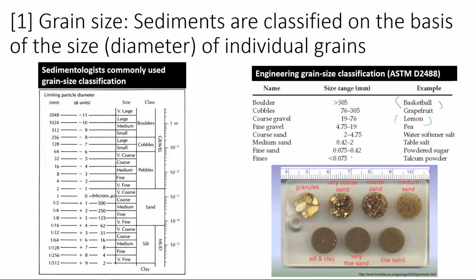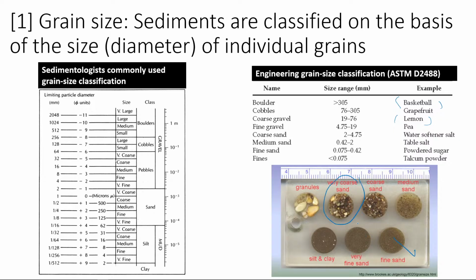Fine sand is very, very small, like the size of half a millimeter. That's like powdered sugar, and fines would be like talcum powder. Yeah. So you can see in these images that would be a fine sand, that would be a very coarse sand, for example. See, this is very fine.